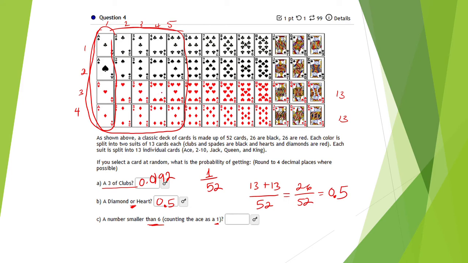So there's going to be a total of 20 cards that are less than 6. So this is 20 out of a total of 52, and we can calculate that as 0.3846. So we have our probability of 0.3846 for a card that's less than a 6.